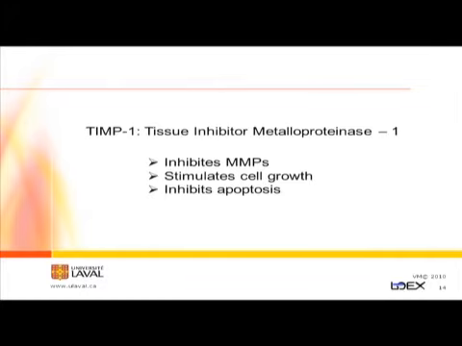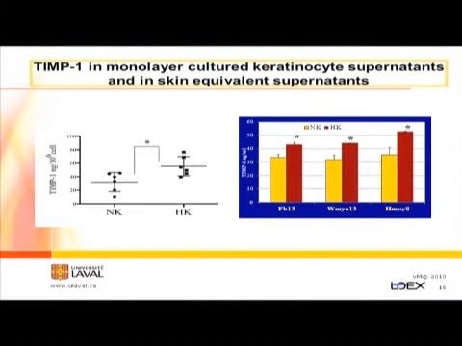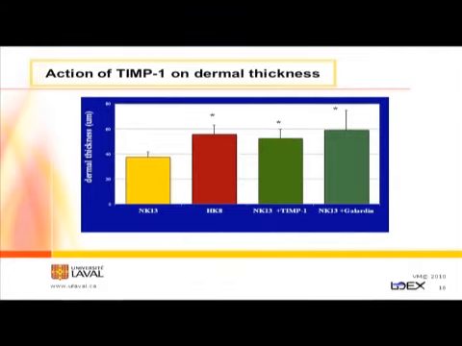We measured the presence of TIMP1 in the supernatants using ELISA. As you can see here, in monolayer culture keratinocyte supernatant, as well as in skin equivalent supernatant, we obtained an increase of TIMP1 secretion when keratinocytes from hypertrophic scarring are used.